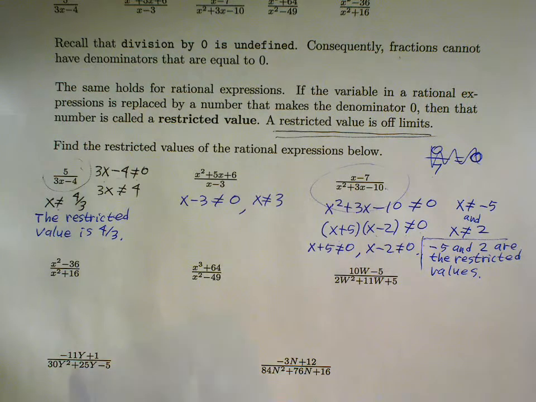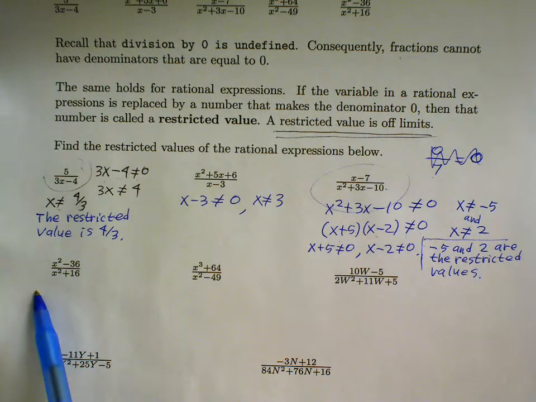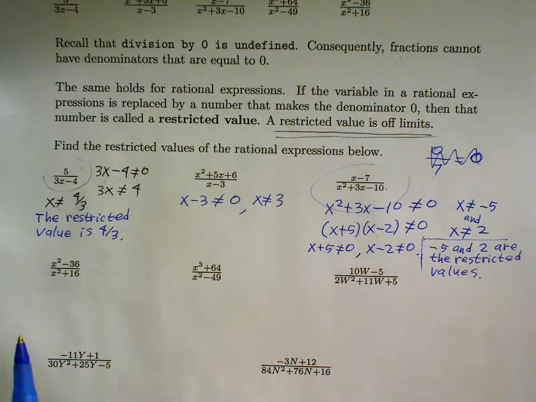-4? Well, let's test it. If you replace x with -4, does the denominator become 0? If you replace x in the denominator with -4, the number -4 squared is positive 16, and 16 plus 16 is 32. So -4 is not a restricted value. -4 is a value that you can use in this algebraic expression.